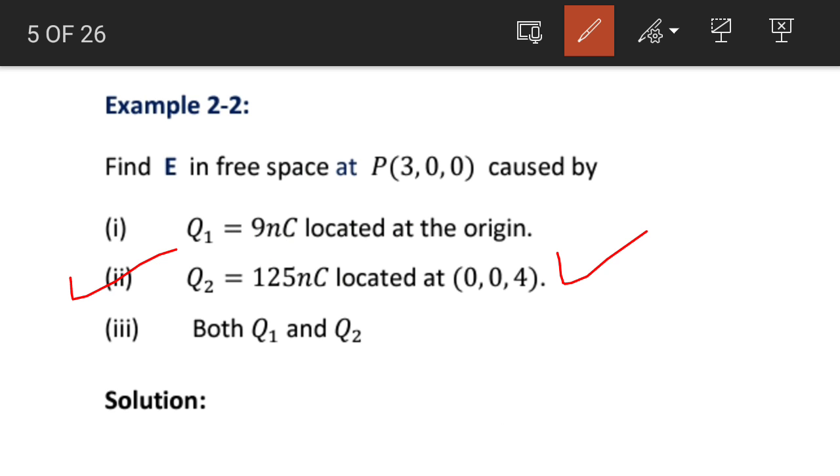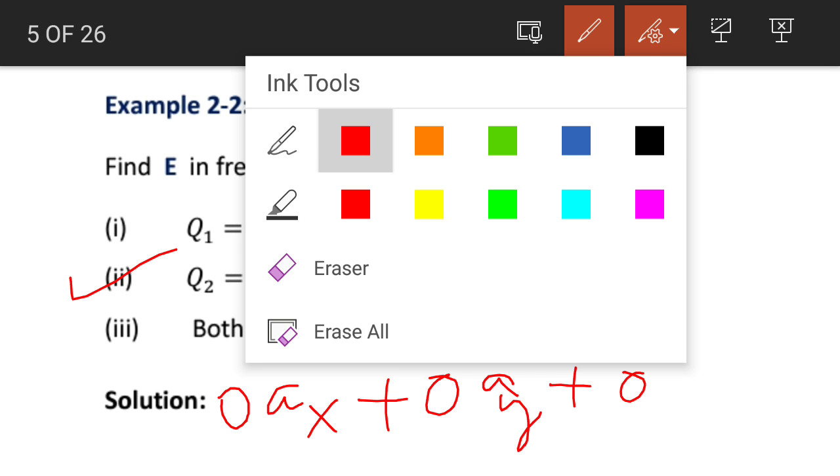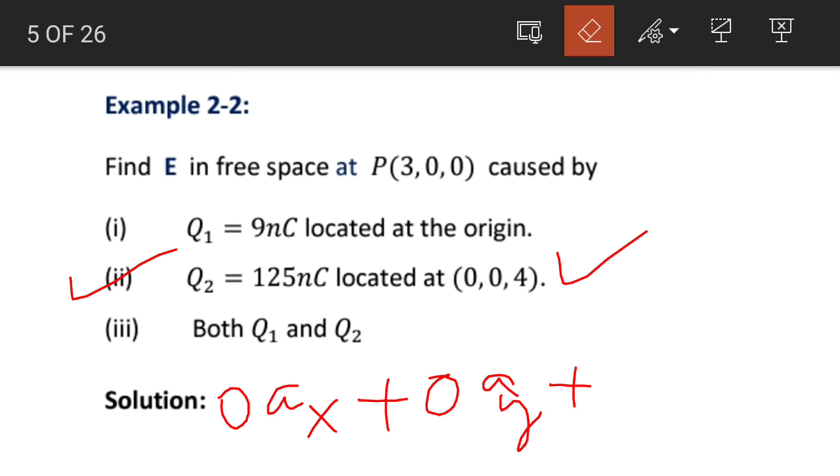The position vector of the source will be equal to 0ax plus 0ay plus 4az.